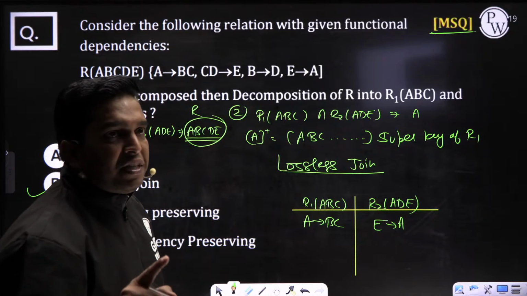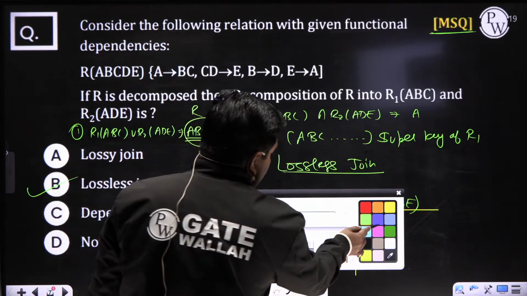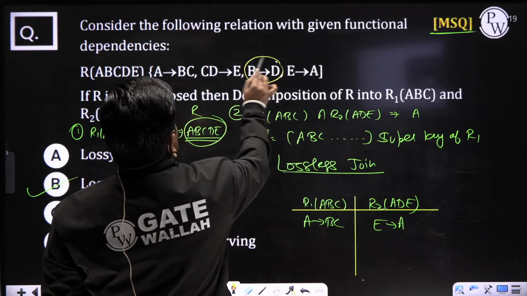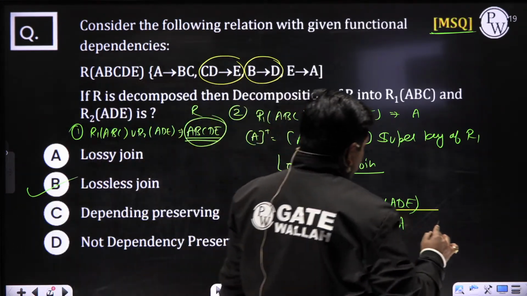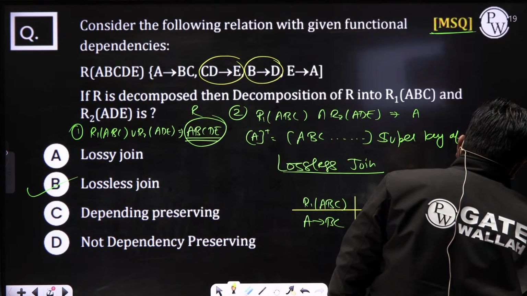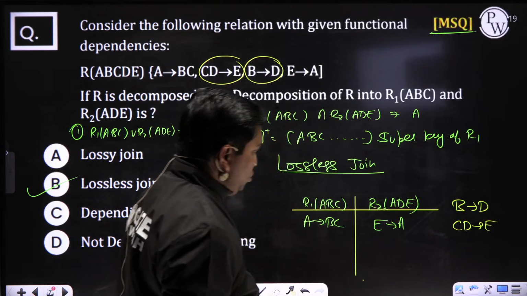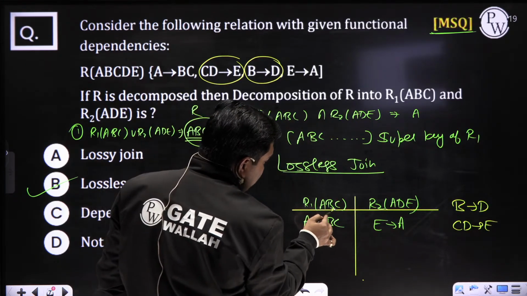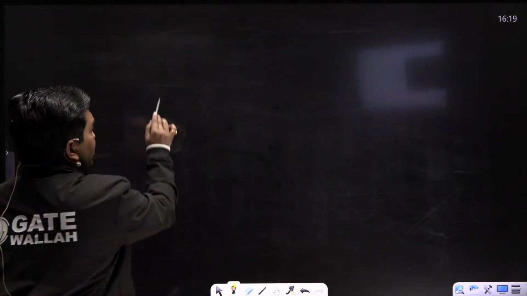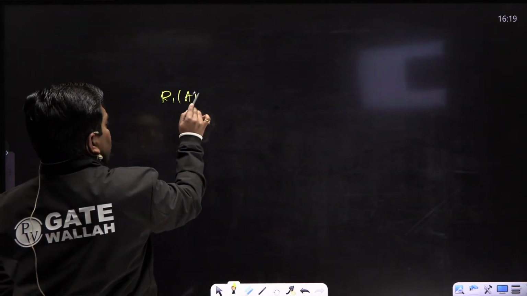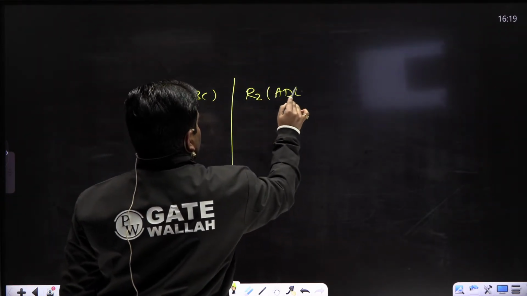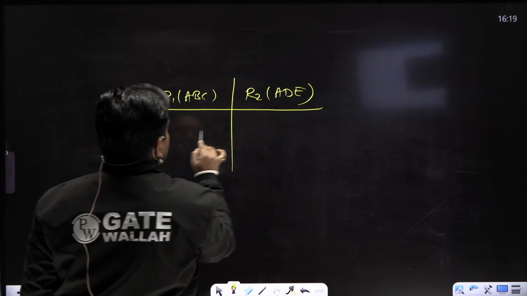Now you can see B tends to D and CD tends to E. Please try to understand what I want to say here.